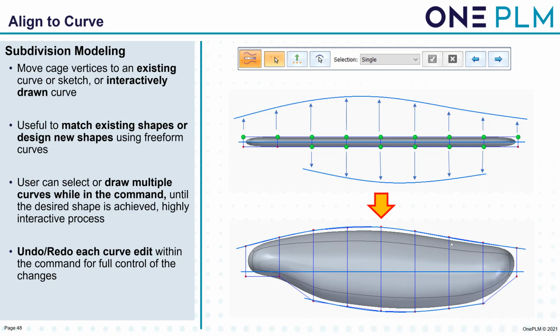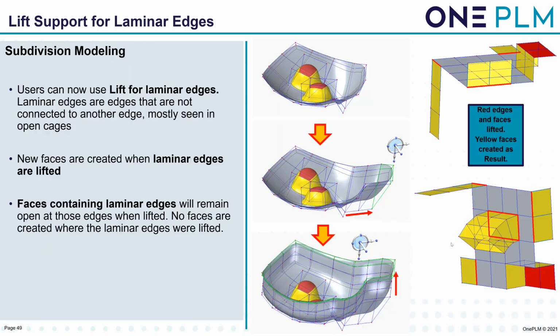It's a highly interactive process. We can undo and redo each curve edit within the command for full control of the changes. So this allows us to do our subdivision modeling but have some almost parametric input, because we can parametrically define these curves with dimensions or with an equation, which we'll see later.